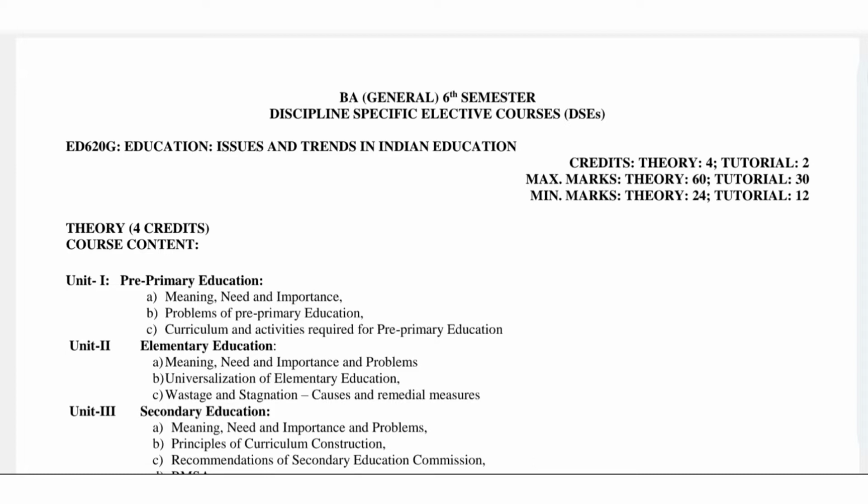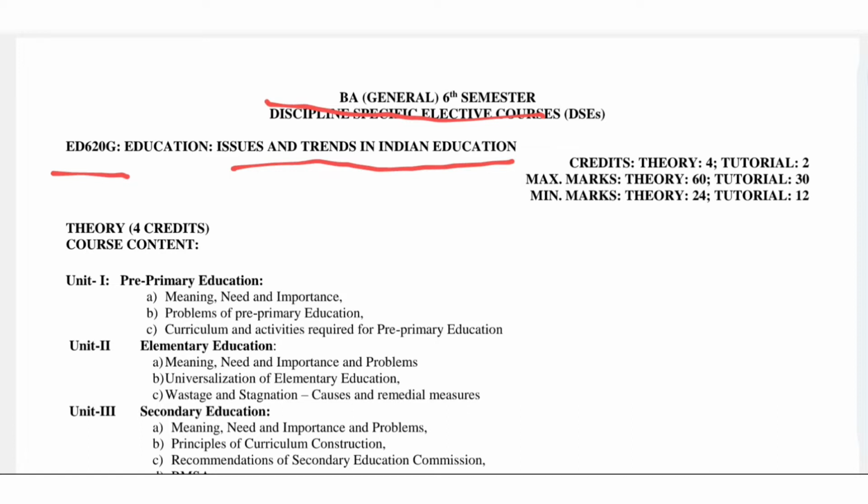So the title of this course is Issues and Trends in Indian Education, and course code is ED620G. This is not a discipline specific elective course, it is a generic course.